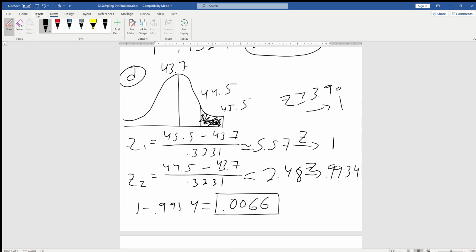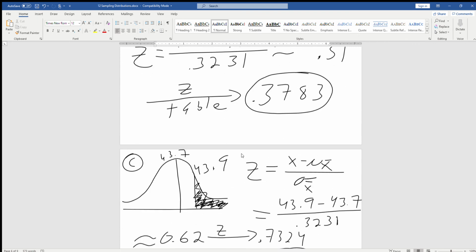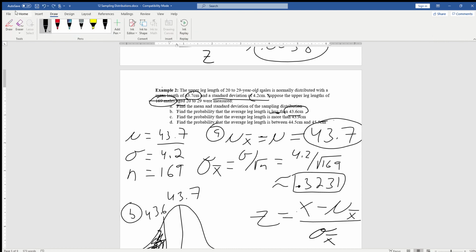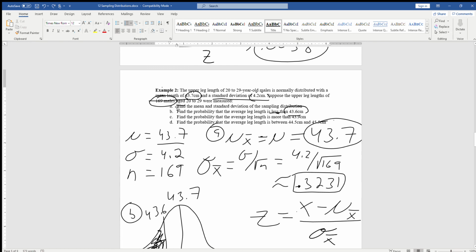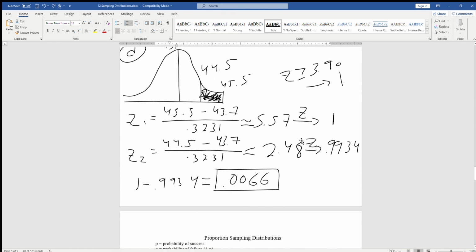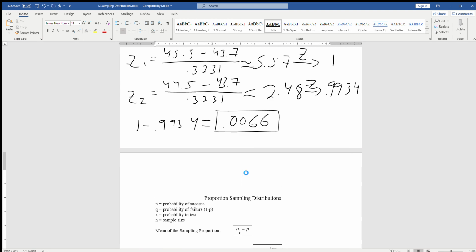Let's just recall what all this means now. We have our three probabilities, and I'm just going to copy and paste these. Let me turn this draw off so we can see what it is we're actually getting. Ignore the proportion stuff for right now.